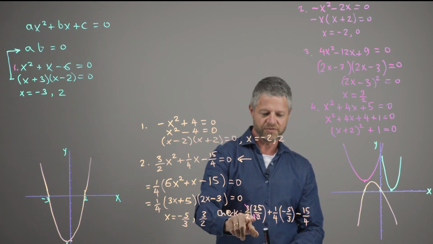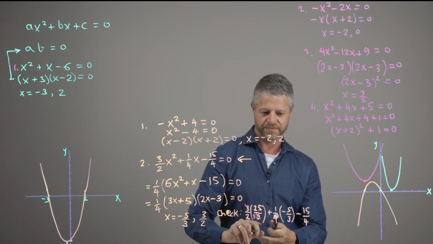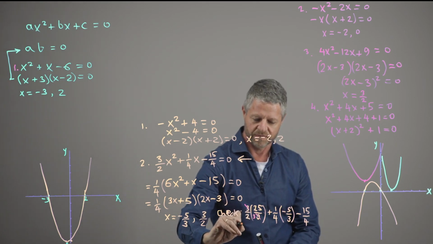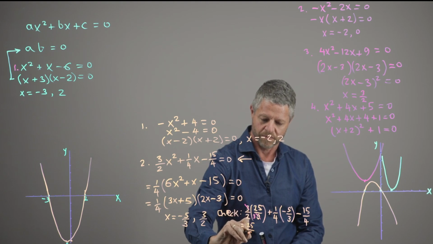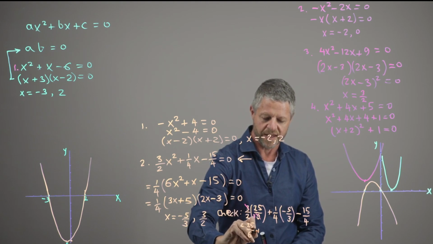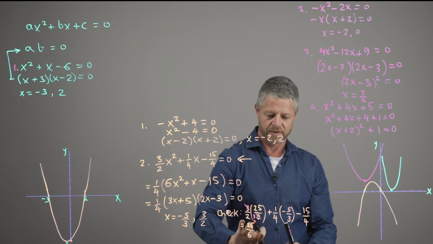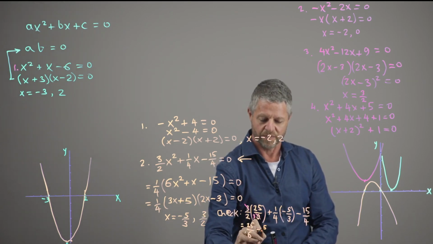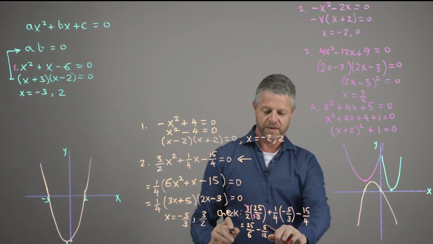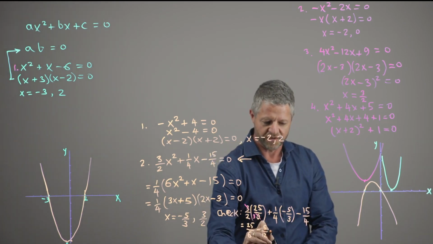So I'm going to have 25 over 6. And then I've got minus 5 over 12. And then I've got minus 15 over 4.